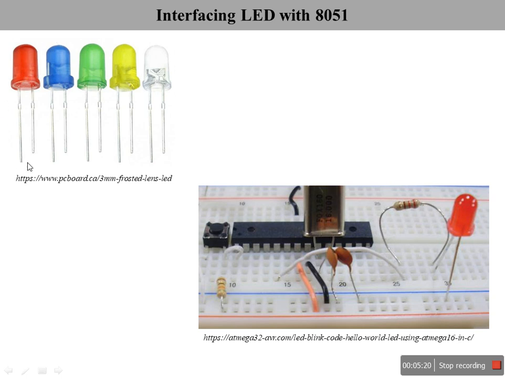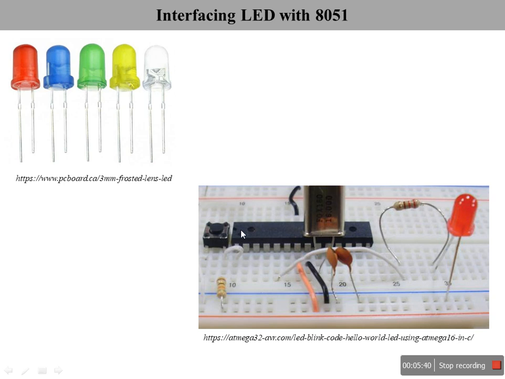The reverse is also possible. We can connect the cathode to the pin of the microcontroller and the anode to the power supply. Then in order to glow the LED, the microcontroller has to send 0 on the pin connected to the cathode, and then this LED will be glowing.